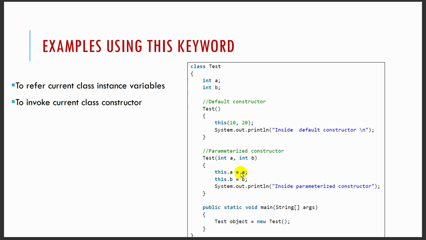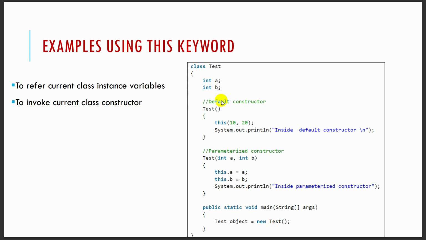We can also invoke the constructor. As you can see in the default constructor here, Test, we override the default constructor. We call this(10, 20). That means we are trying to activate the constructor that takes two parameters, which is this one, right? So in main, when you create an object by calling the default constructor, it will activate the constructor that takes two parameters as well.